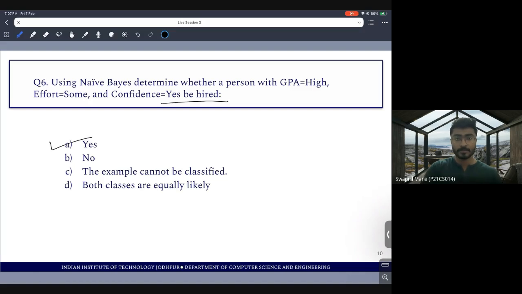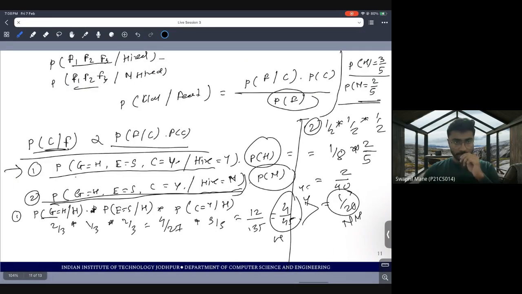Yes. Have you understood? Is there any doubt here? Does anyone have any doubts, or got how we are calculating the conditional probability here?